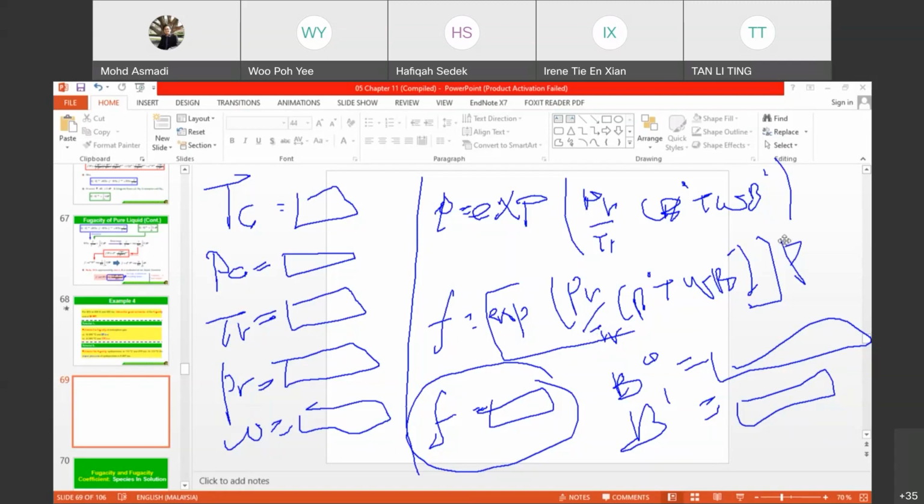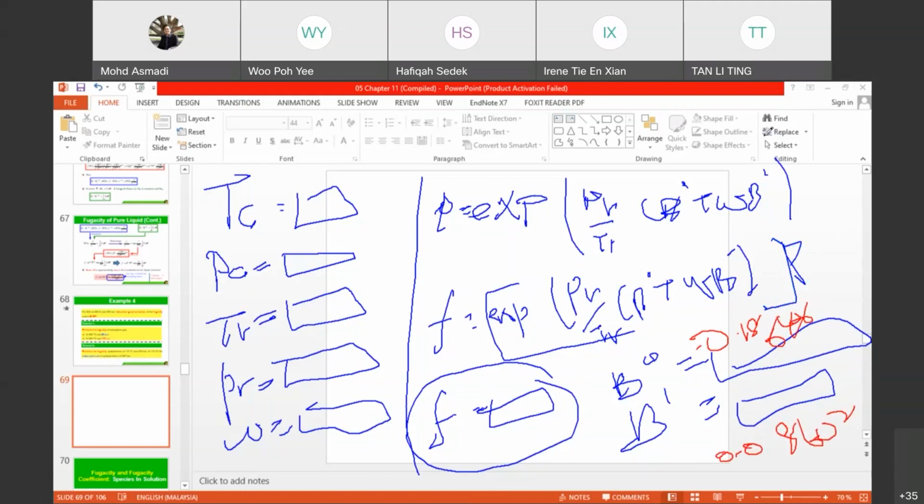So if you calculate and substitute, this one is 0.8186464 and this one is 0.0860.